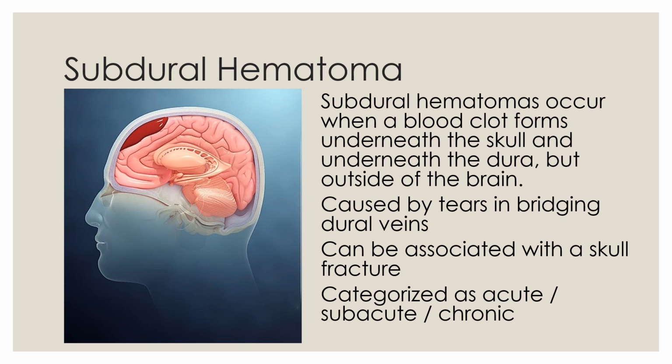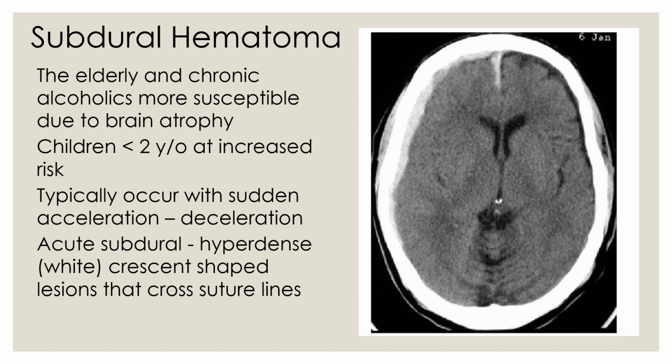One of the interesting things about subdural hematomas is that they are more common in older people and chronic alcoholics. And the reason for that is that the brain tends to be atrophied. There's a little bit more space.